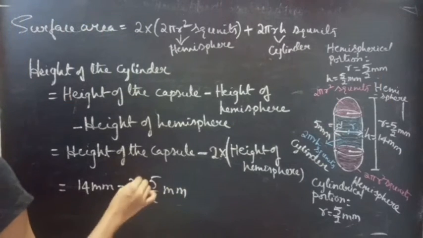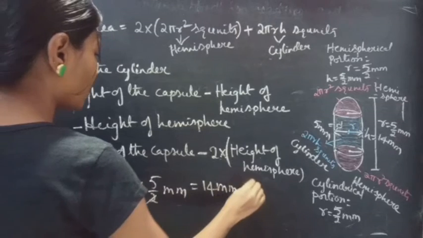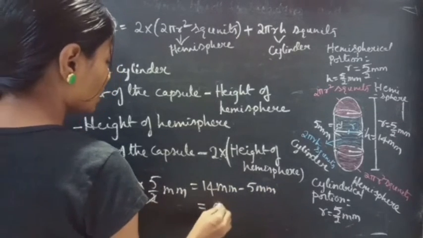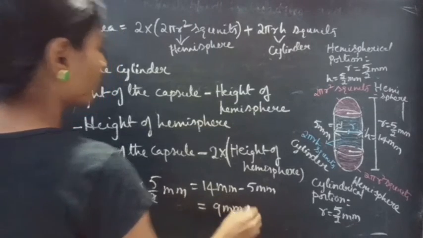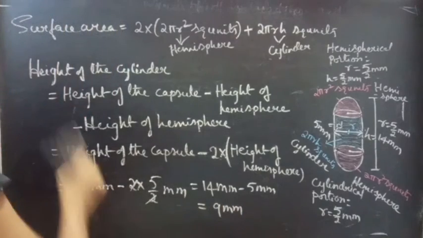So here the 2 gets cancelled, equal to 14 mm minus 5 mm. 14 minus 5 is 9 mm. So the height of the cylinder is 9 mm.